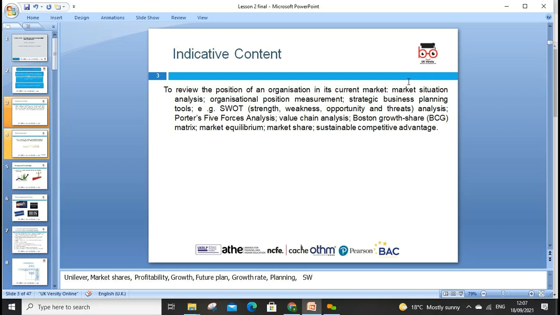Then we'll go through SWOT analysis. When we plan something, we need to analyze our strengths. We need to look at our areas of development, which we call weaknesses, and we look at opportunities.